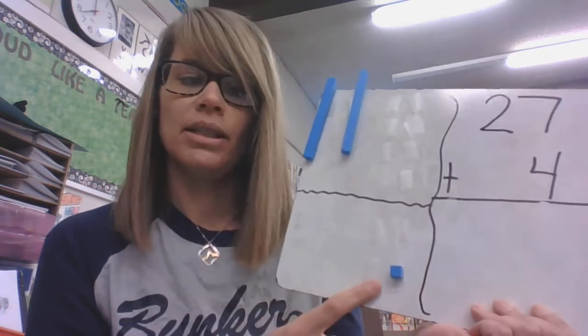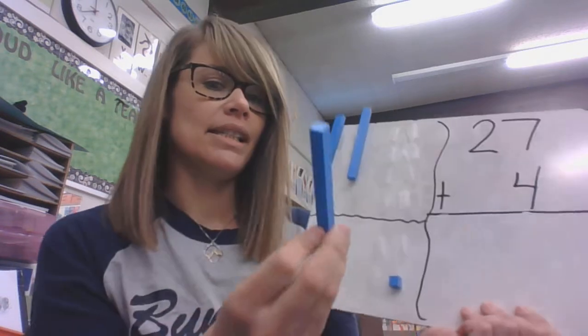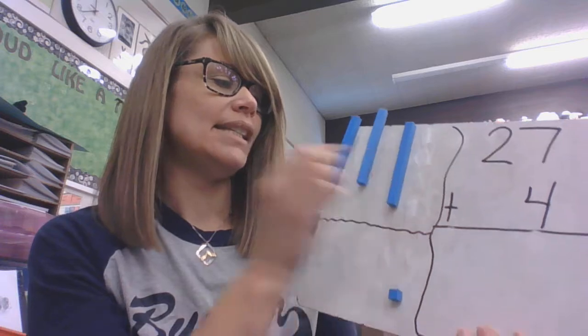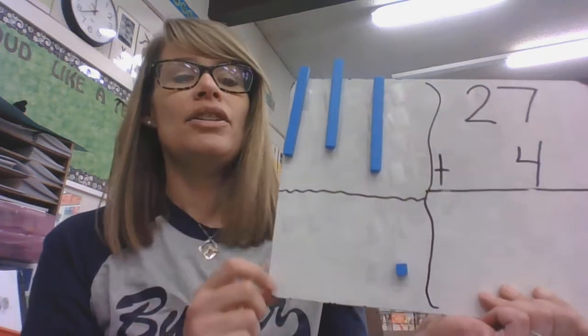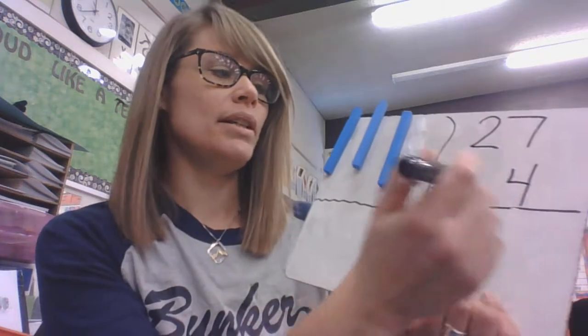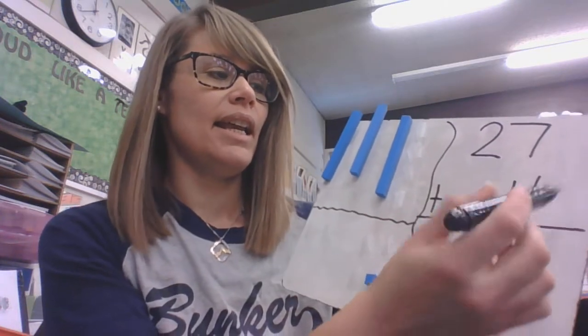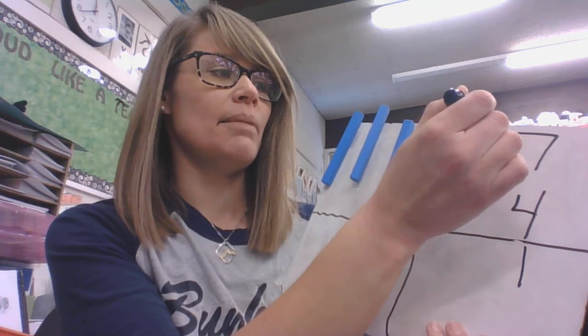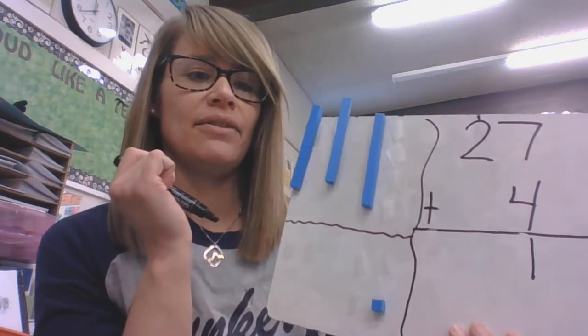I took 10 ones off. That leaves me with 1 left over. And I'm trading those 10 ones now in for a 10. Okay, so now how many ones do I have left? I've got 1 left, and I'm taking that other one and I'm going to put it over here because I traded it in for a 10.